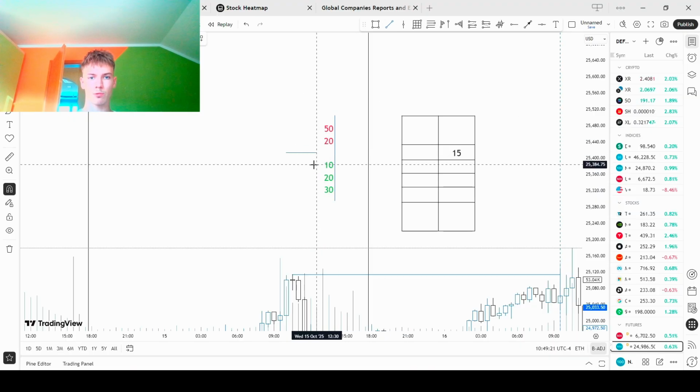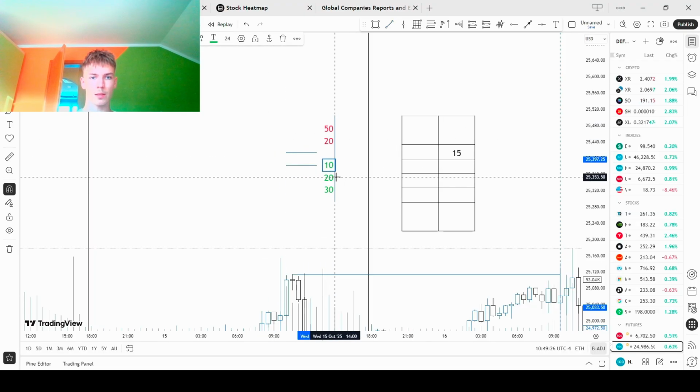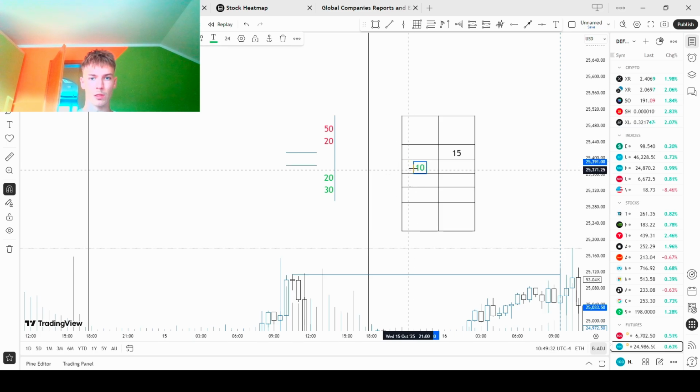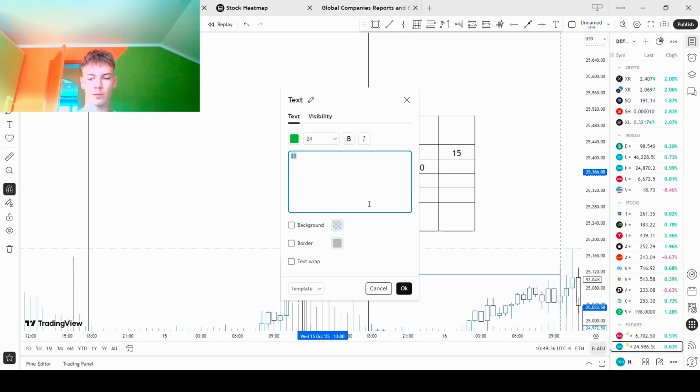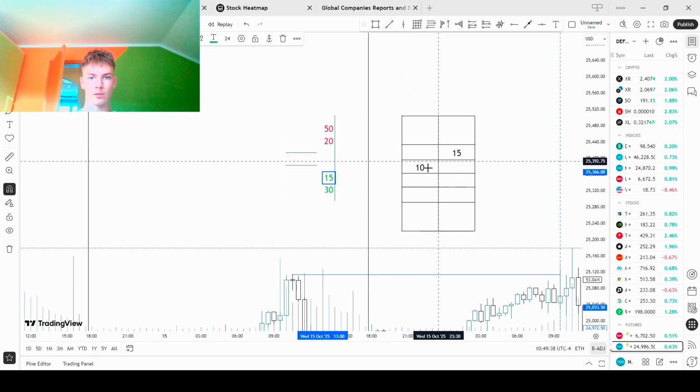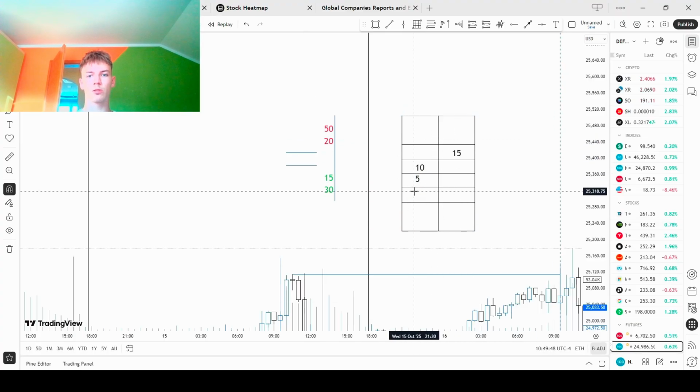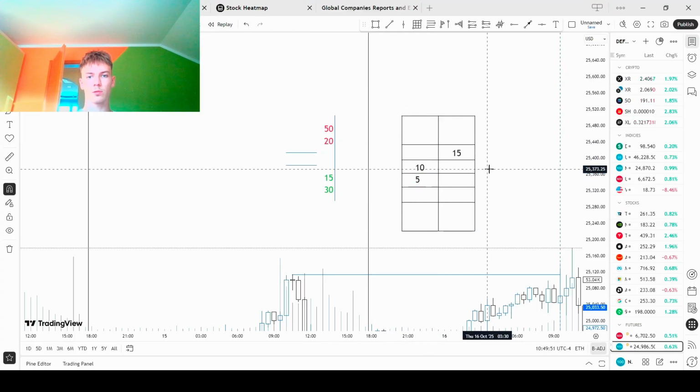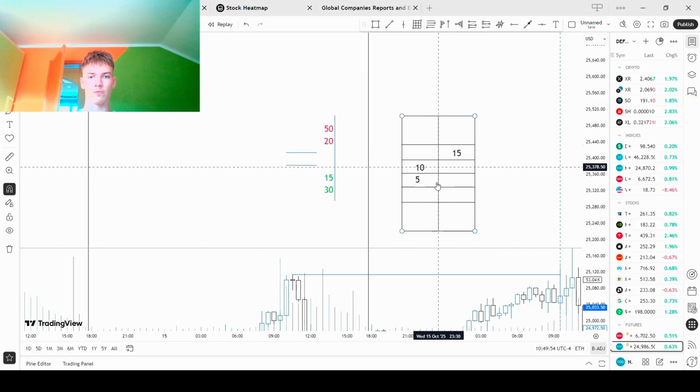He will be executed at the best bid price, right here, and he wants to sell 15 contracts. That means those 10 contracts will be deleted and written in the book. Another 5 contracts will be erased from here and written in the book.